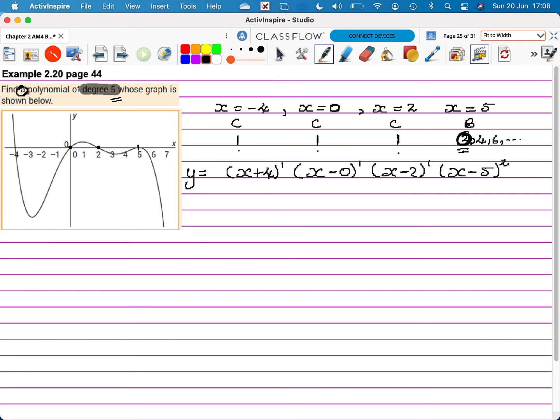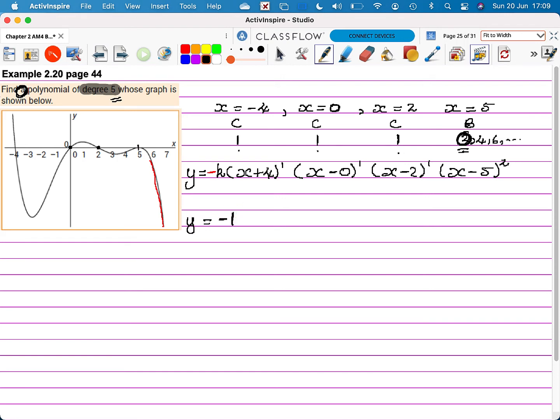So you could put a k there if you want, it's up to you. Looking for a polynomial, it is decreasing at the end, so we know that's going to be a negative. We're not interested in finding the value of k because the question said find a polynomial. So therefore we can choose the value of k just to be equal to 1.